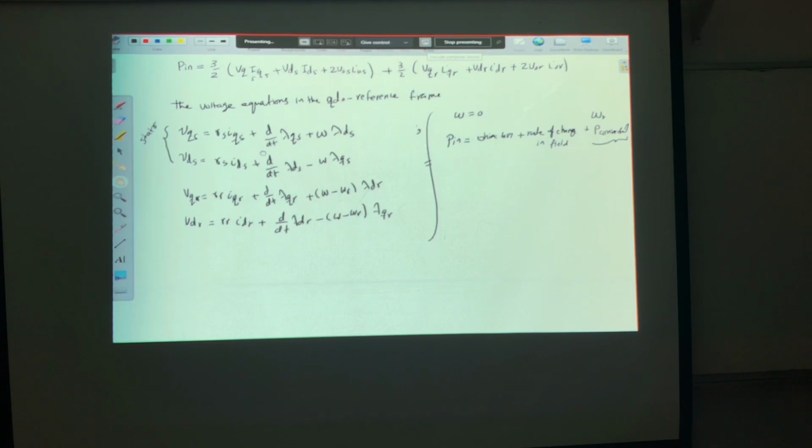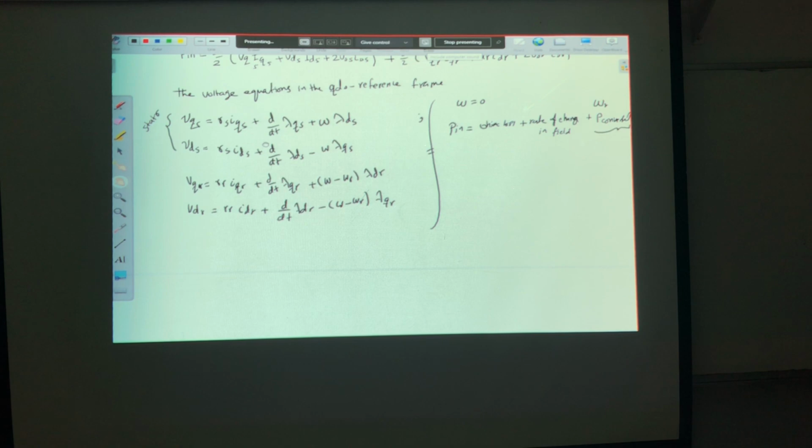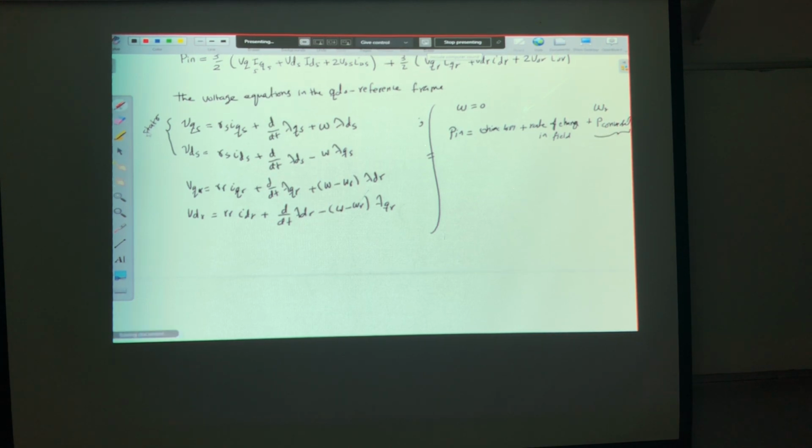Okay, let's write. So Pn in total will equal 3 over 2. Now here I will have RS IQS squared plus IQS d by dt of lambda QS, plus, here omega I don't have, it's 0.